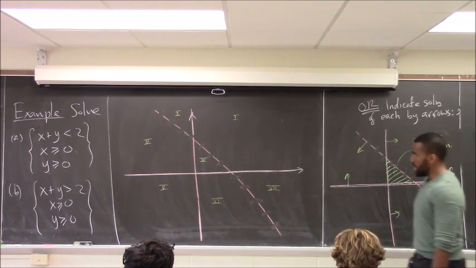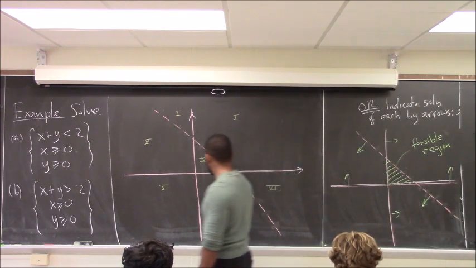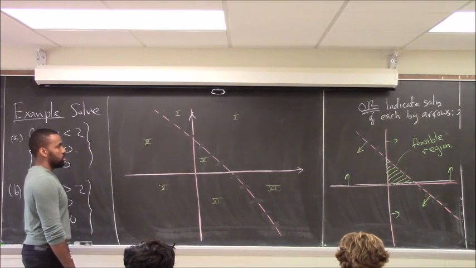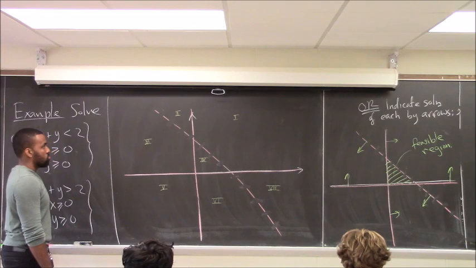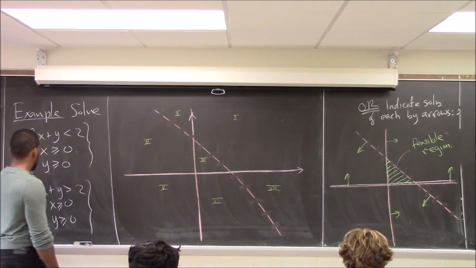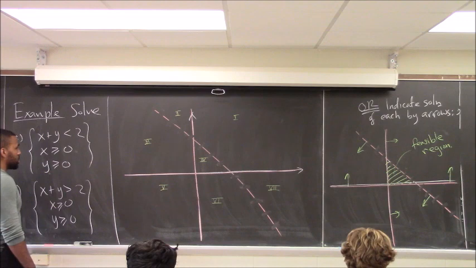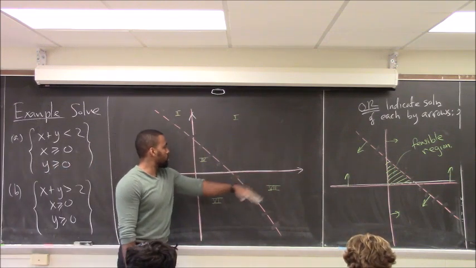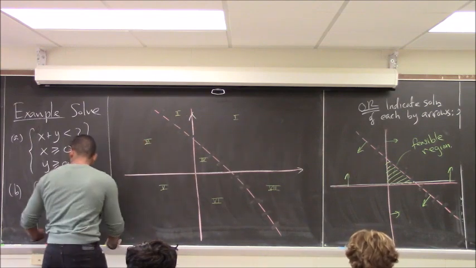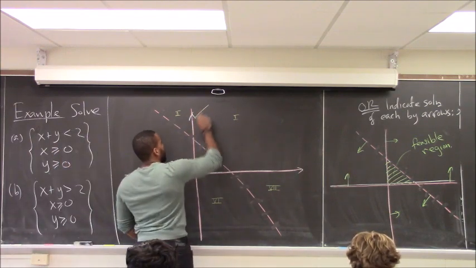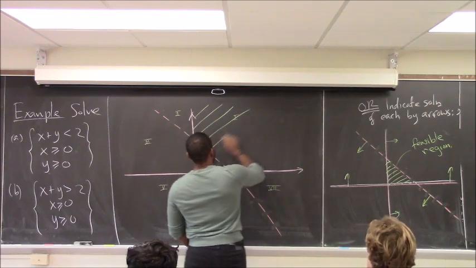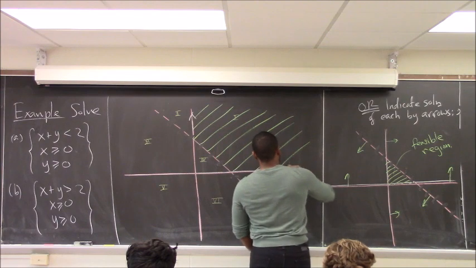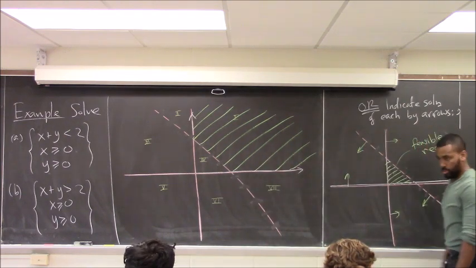So 3 lines are going to cut this guy into all those regions over here. Where is our solution? Region 1. So here I want x plus y to be greater than 2, so now I'm going to be going up here. I want x to be greater than 0, y greater than 0. So the solution is going to be in region 1. That part over there.